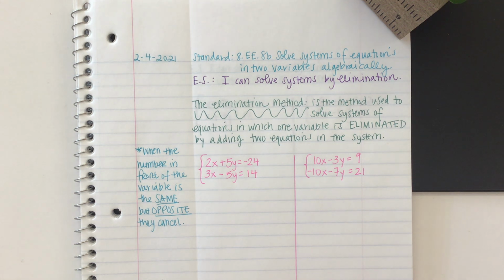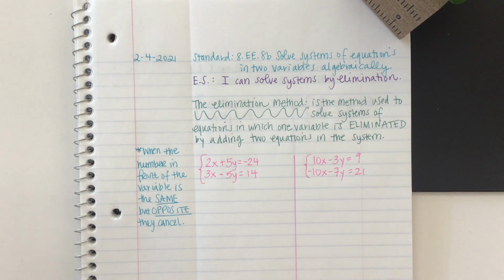Here's our first system. 2x plus 5y is equal to negative 24, and 3x minus 5y is equal to 14. So what is the whole point here? Well, what we need to do is find a variable, either the x or the y, that we can eliminate or cancel out in order to solve the rest of the problem.